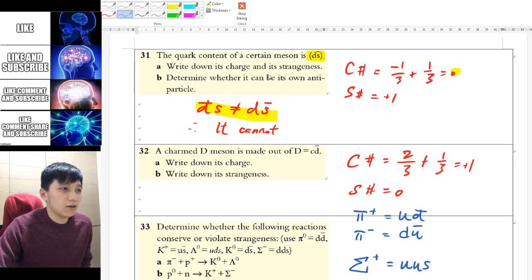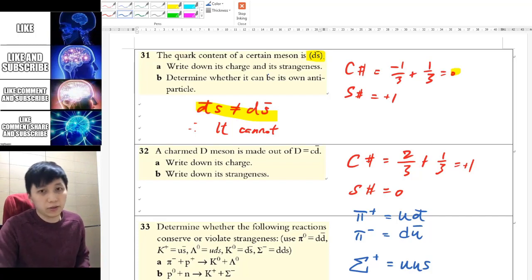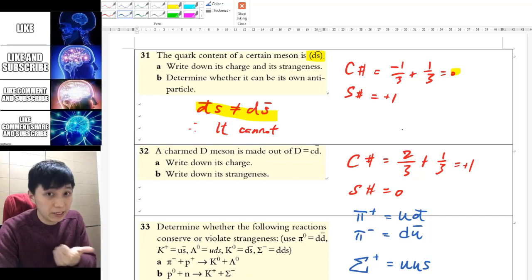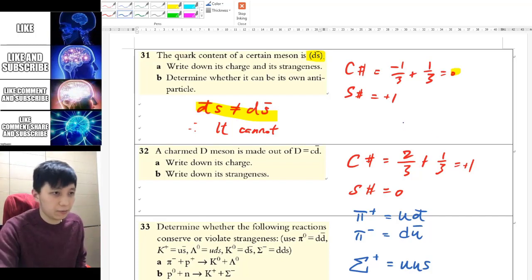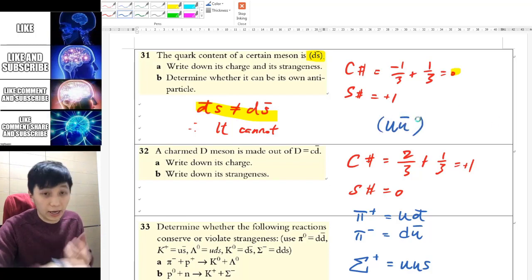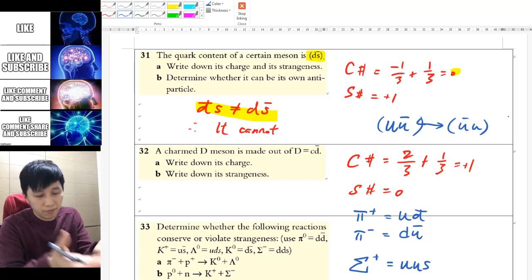In fact, the only kind of particle that can be its own antiparticle is one that must be a meson, and also the two quarks are of the same kind. So for example, if you have U and anti-U as a meson, whatever name it is, then obviously its antiparticle is going to be the same, as you can see.